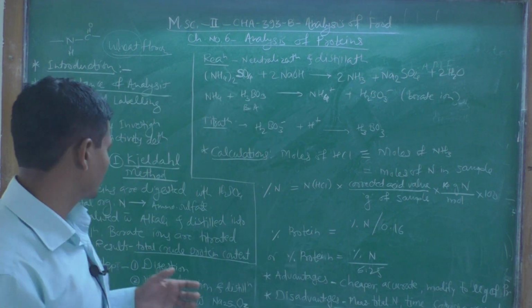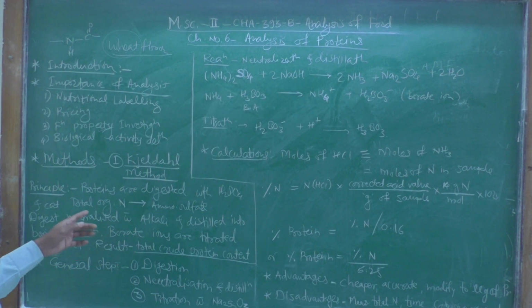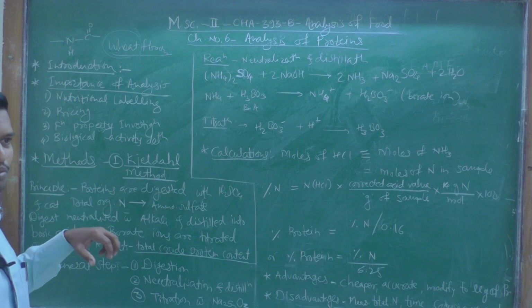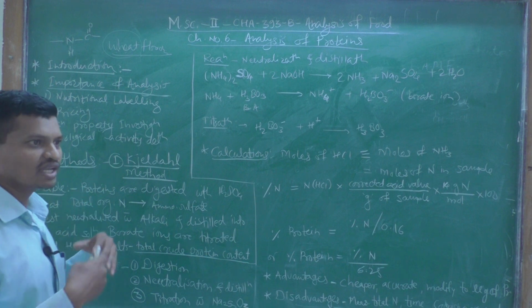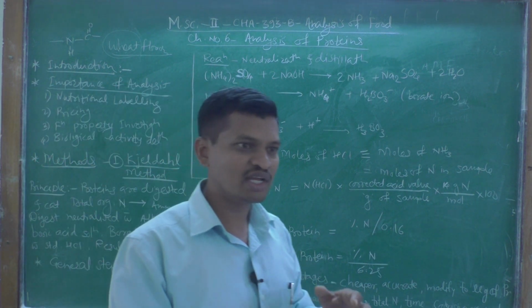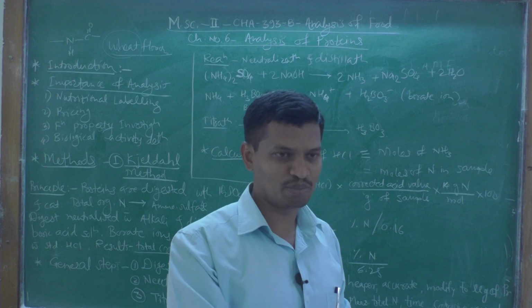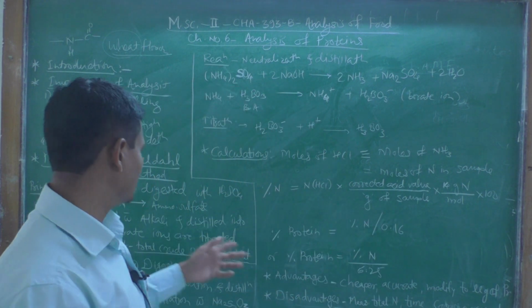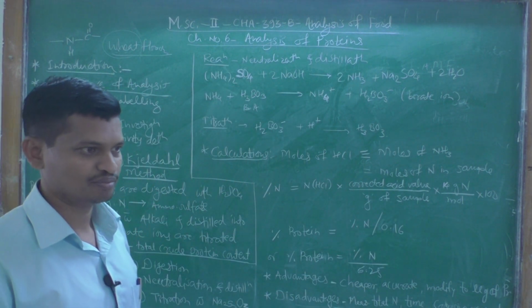And in this digestion process, the total organic nitrogen present in that food sample is converted into ammonium sulfate.